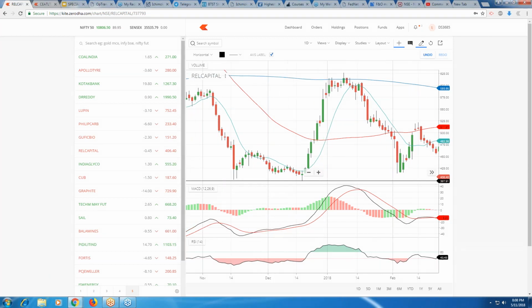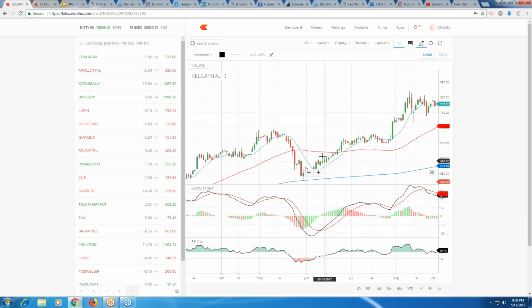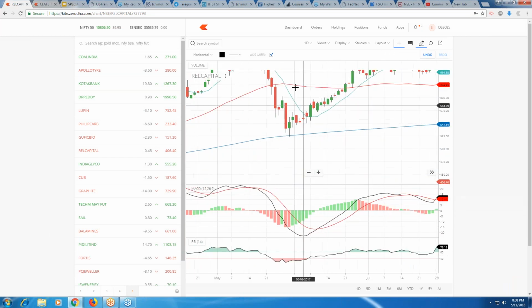Let's take up a few more examples from Reliance Capital. Look into this trade. This candlestick pattern. Which candlestick pattern is it? Can you recognize? This is bullish harami, right? And MACD crossed over somewhere here, and the RSI also crossed over here.